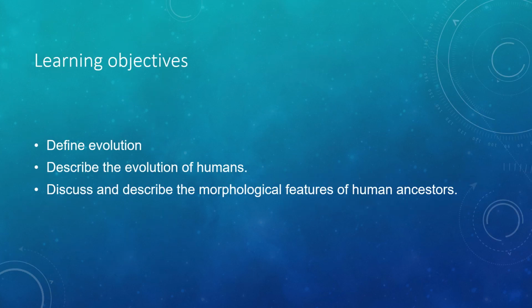So what are the learning objectives of today's lesson? When we complete this lesson, we will know what human evolution is, the place of origin of human evolution, how human evolution happens, and we will describe the evolutionary changes in humans and the morphological features of human ancestors.